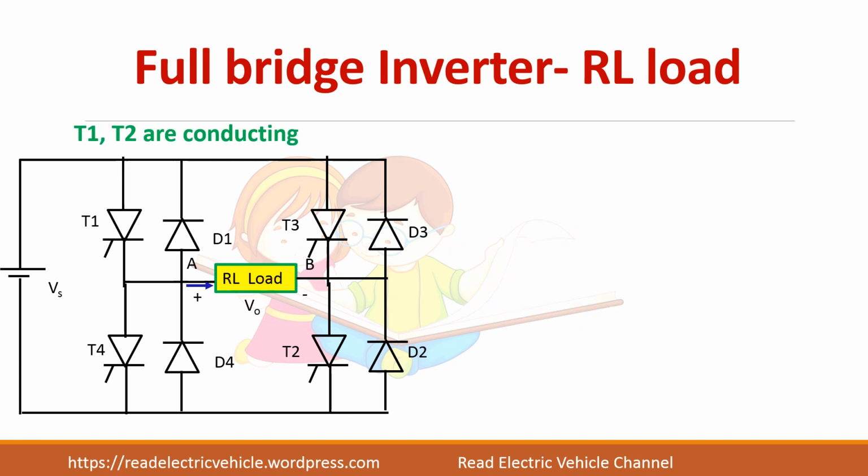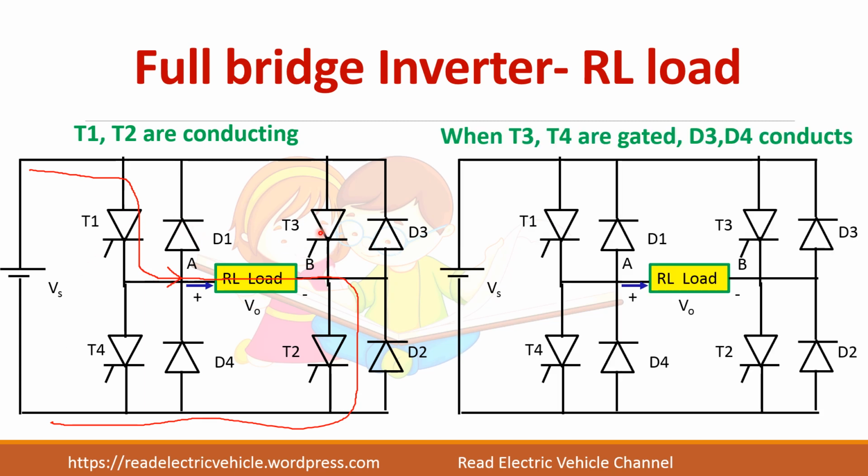So T1 and T2 conduct, current flows from A to B. Now we are giving gate pulse for T3 and T4, but our current cannot change its direction immediately, because when T3 and T4 are conducting, current has to flow in the opposite direction.